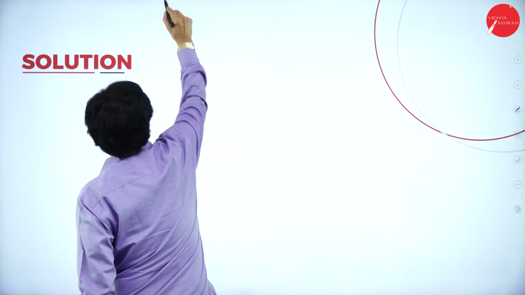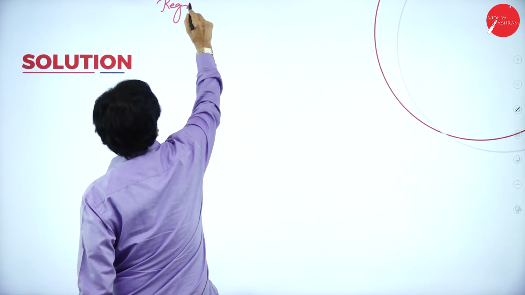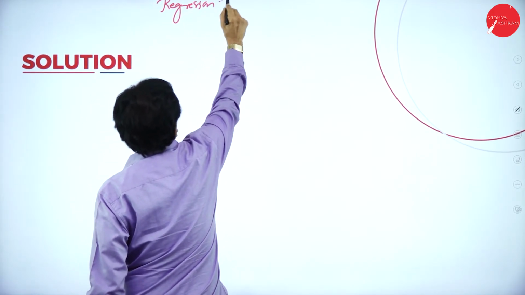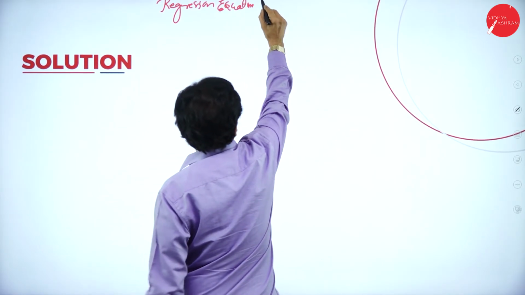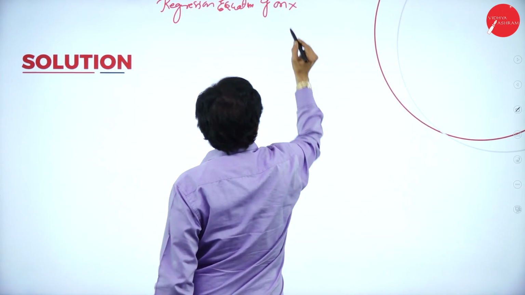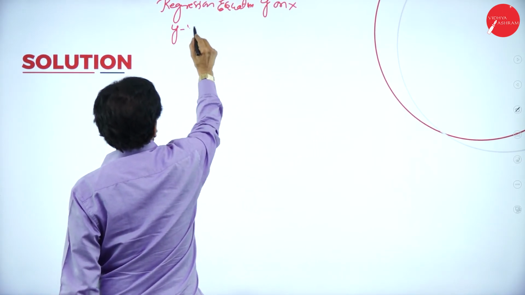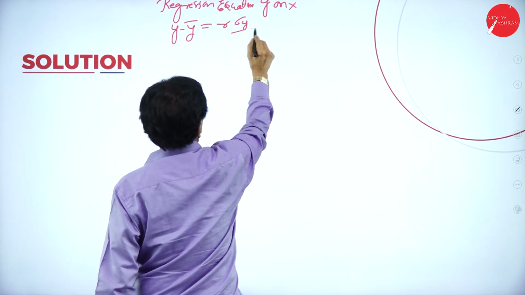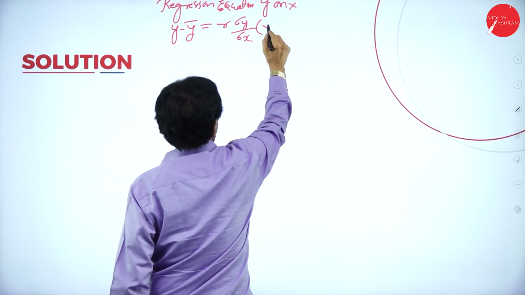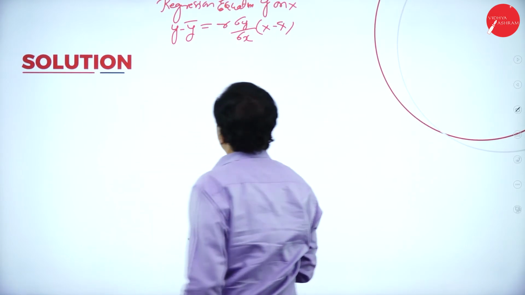Then, regression equation y on x. Y minus y mean equals r into standard deviation y over standard deviation x into x minus x mean.